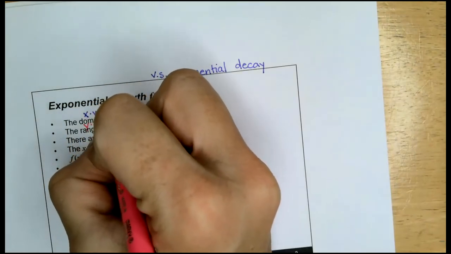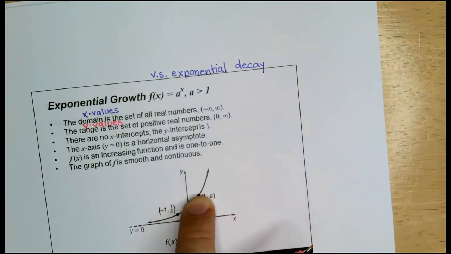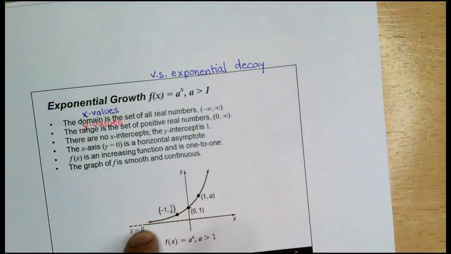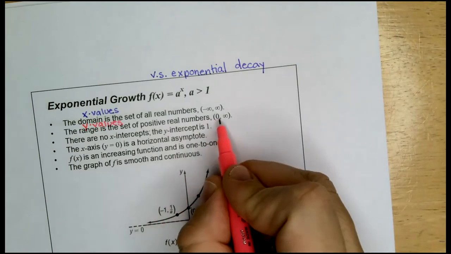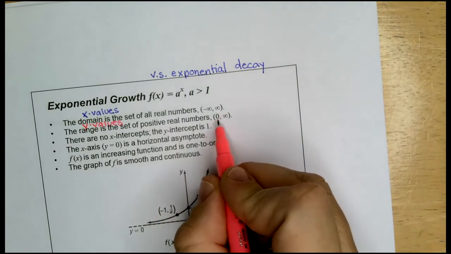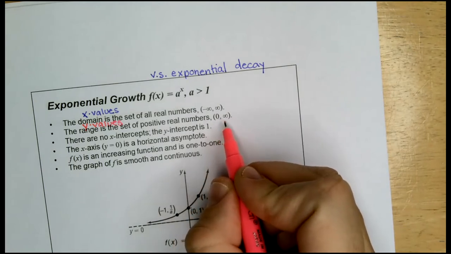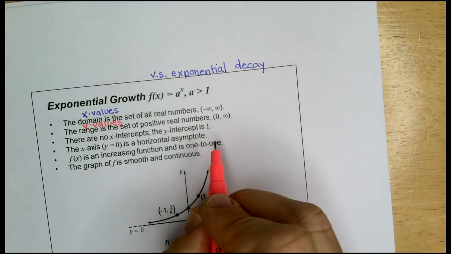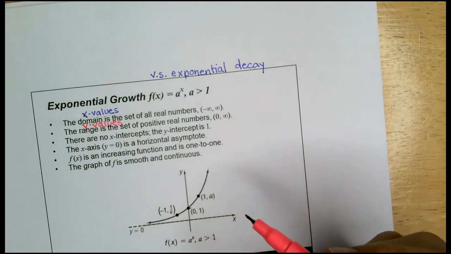And if you can see, the y values move toward y equals 0. They will never touch it and they will never cross it. So the range is all positive numbers beginning after 0, right? Because this isn't a bracket, this is a parentheses. So beginning after 0 and moving toward infinity. There are no x-intercepts because it never crosses x.